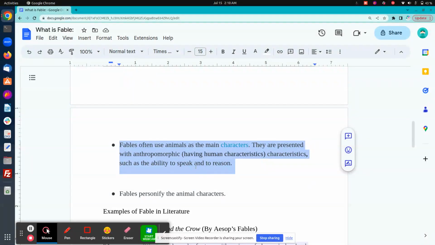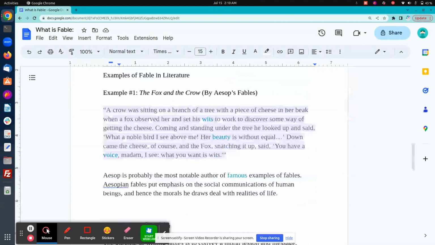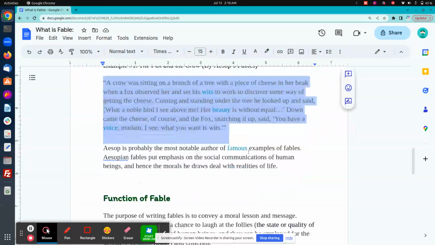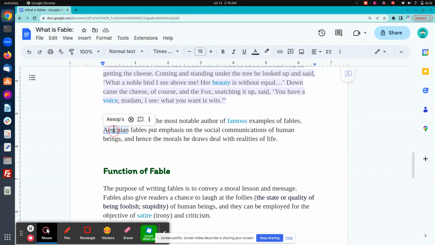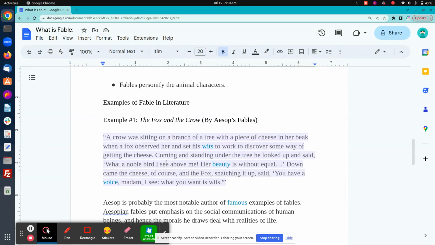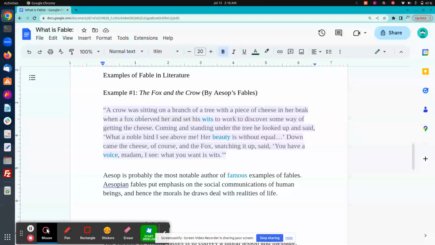Fables personify animal characters. For example, we have the fox and the crow, so let's read it and understand what they're trying to say. A crow was sitting on a branch of a tree with a piece of cheese in her beak when a fox observed her and set his wits to work to discover some way of getting the cheese.